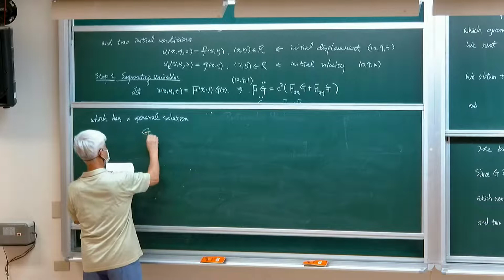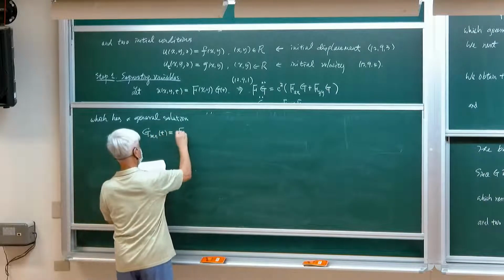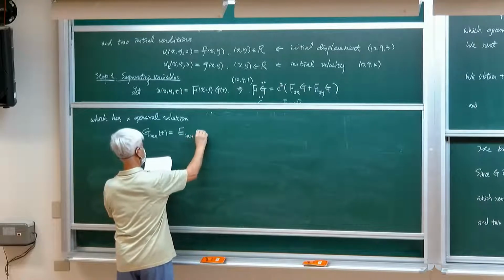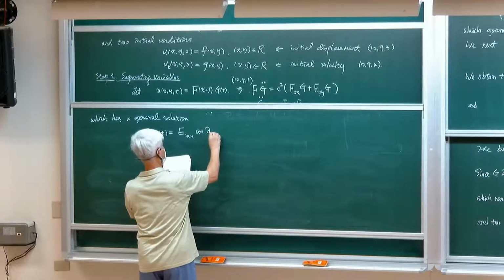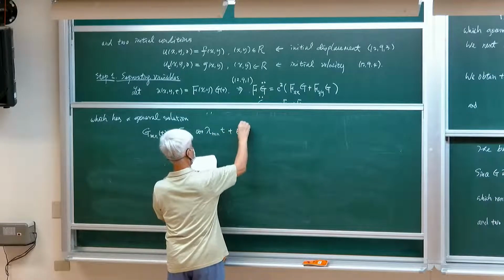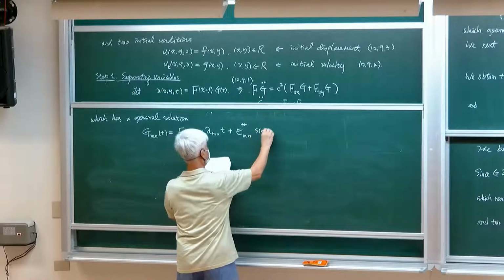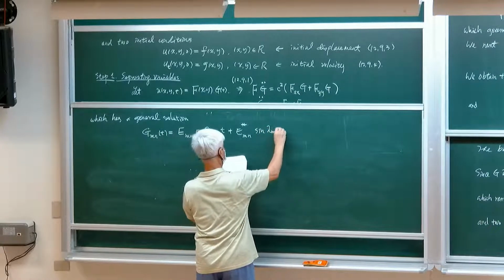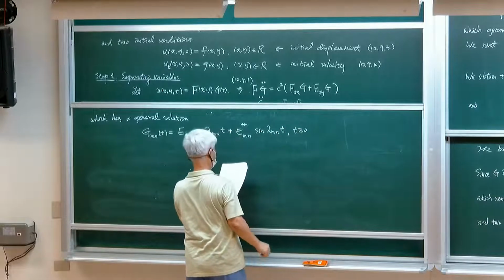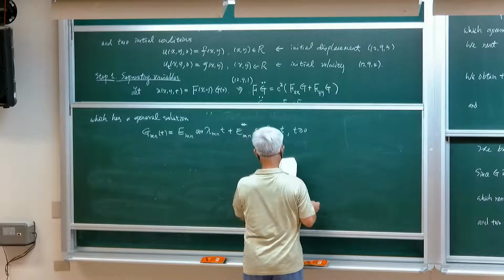We call G sub mn of t equal to E_mn cosine lambda_mn t plus E star mn sine lambda_mn t.